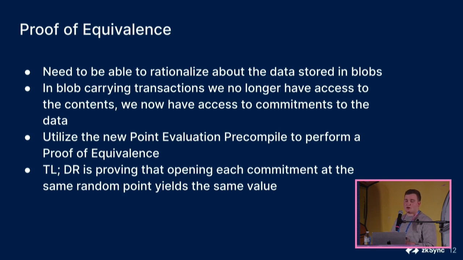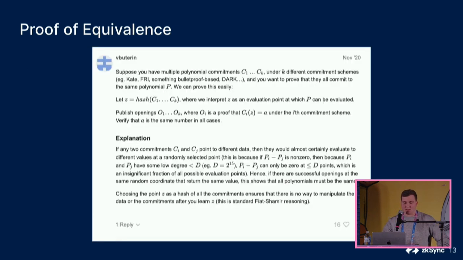We use that along with the opening point and the opening value, and the proof that the version hash corresponds to a KZG commitment that, when opened at the opening point, will yield that opening value. And with that, we're able to prove everything we need to know about the blob.